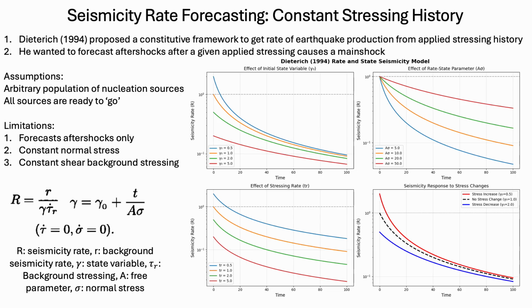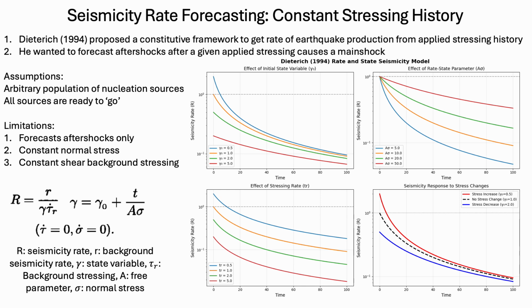However, he did a lot of calculations and a lot of mathematical modeling work, and he bridged the gaps between statistical seismology and geomechanics to formulate these constitutive formulations, where seismicity rate R is equal to the background seismicity rate small r divided by gamma times the shear stressing rate.